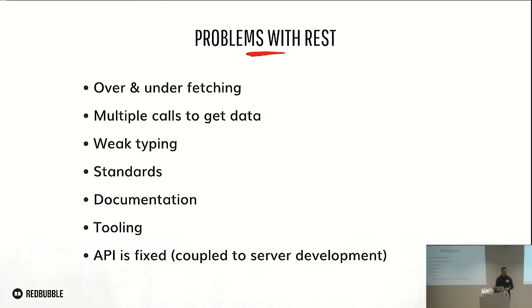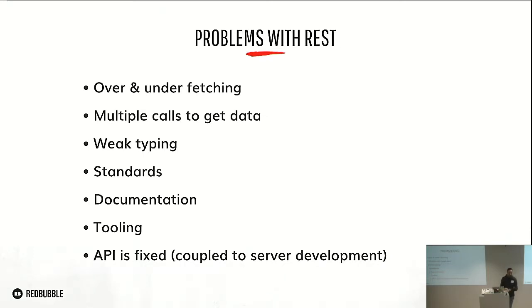You don't often know whether something's going to be a floating point number or an integer, if it's always going to be a string, maybe it's going to be an array, maybe it's going to be a hash. In different circumstances, you might get different representations of the same data, even from the same API. So the standards and the type safety around knowing the information you want to get back are quite weak. There's also this thing about not having documentation. There are tools around now that help you with this.